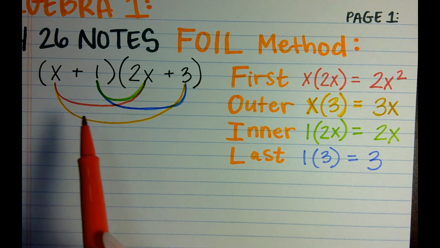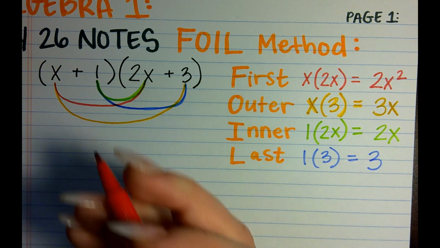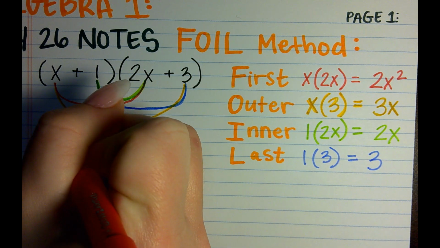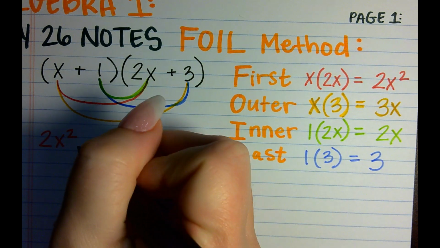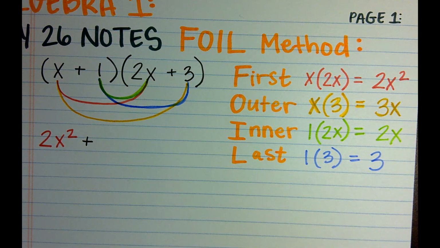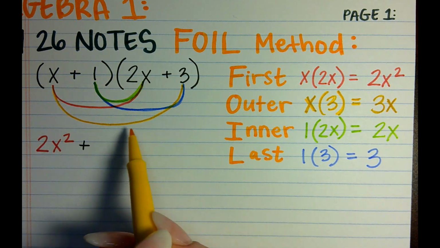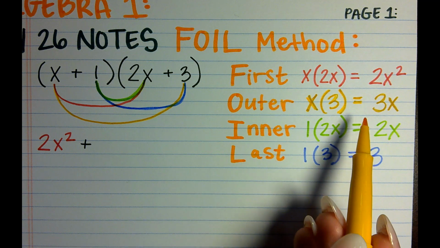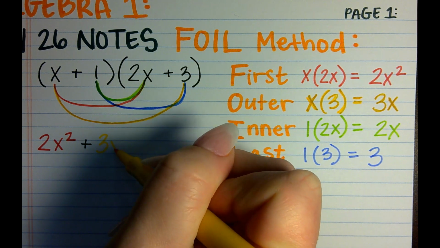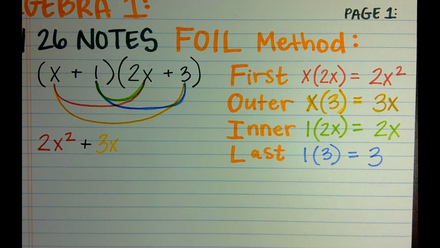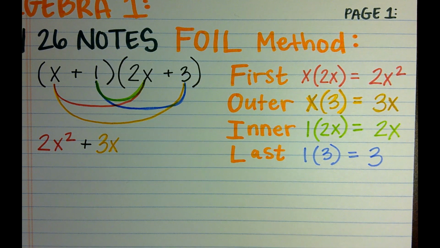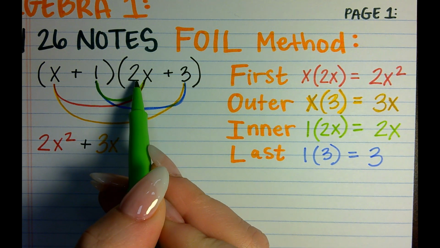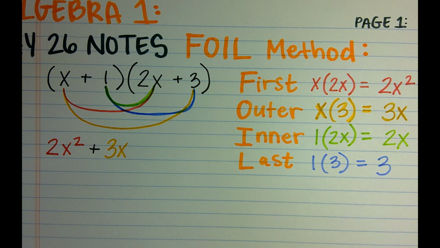So I did x times 2x, and I got 2x squared, plus, then I did my outer terms, x times 3, to get 3x. And I did my inner terms, 1 times 2x, which gives me 2x.